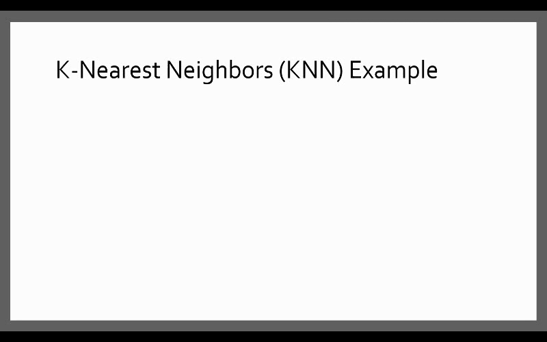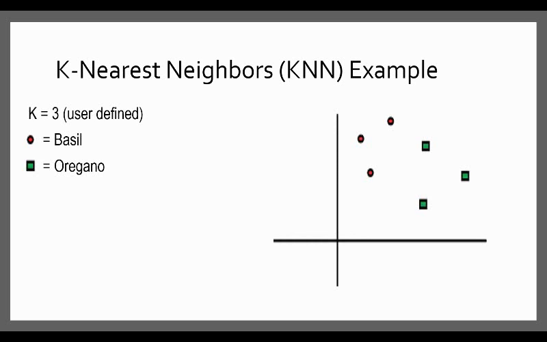For this article, the authors use an algorithm called KNN. For me, the easiest way to understand this algorithm is with an example. If you look at the graph, there are two classes, red dots representing basil and green dots representing oregano. If we let k equal 3, that means that we'll take into consideration the three closest points.